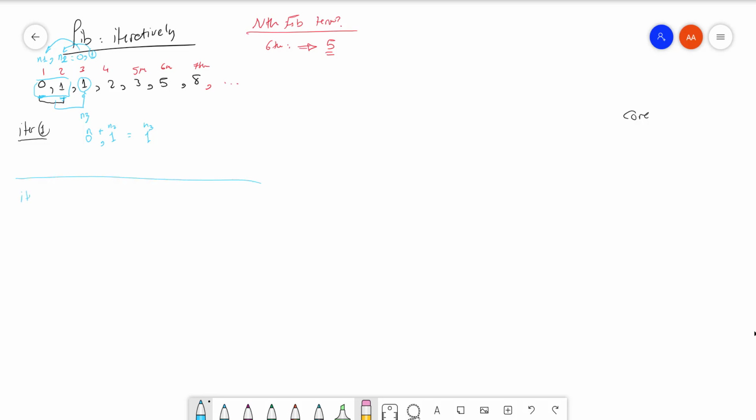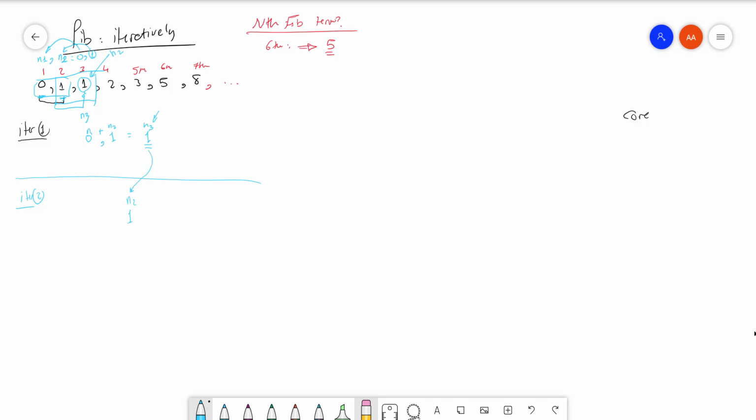If you look at the second iteration, you're going to see that we take the next sequence, which is 1 and 1, right? This 1, which is going to be n2 in this second iteration, was previously n3 in the first iteration. So what was n3 is going to be taken as n2.